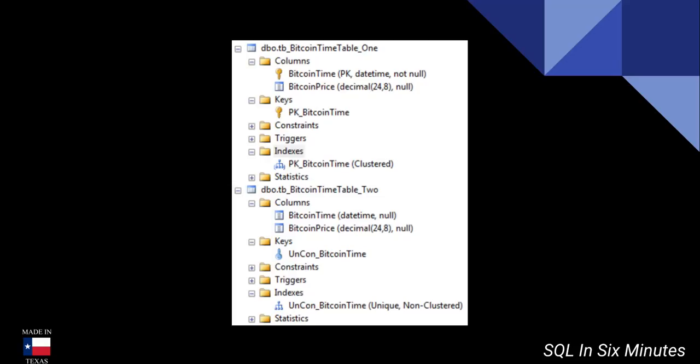And the reason why I use this example with the Bitcoin table is because Bitcoin time, fundamentally, if I am getting the Bitcoin price at different times, it's stupid to get it at the same time because that doesn't even make any sense. That makes the most sense for a primary key in this case, because first of all, I only want to know two things, so there's no reason to add more data that isn't necessary.